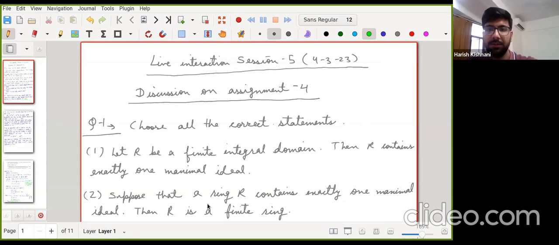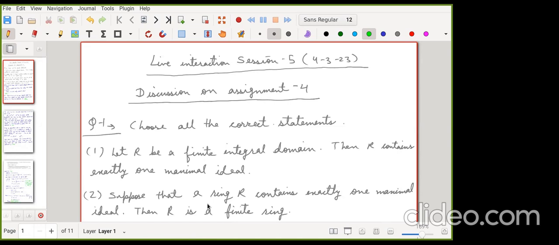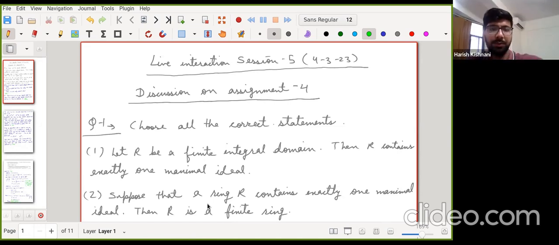we discussed last week. So assignment number 4. The first question says choose all the correct statements, and the first option is if R is a finite integral domain, then R contains exactly one maximal ideal, right?